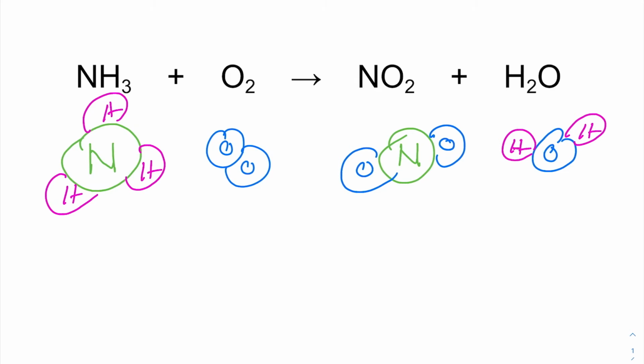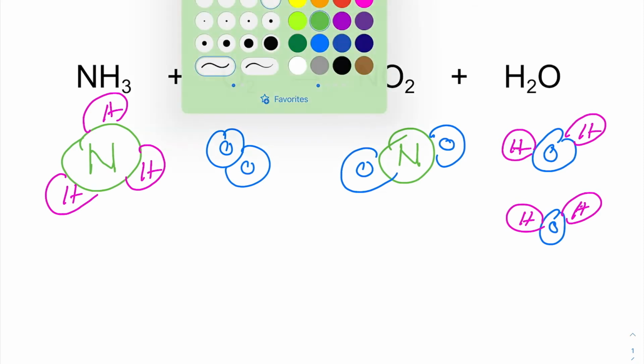So we're going to do oxygen last. So let's fix up our hydrogens. I need more hydrogens on the right hand side, so I'm going to draw another water molecule in to try and increase my hydrogens. So my hydrogen atoms have been increased to 4, which is now more hydrogens on the right than the left. So I need to increase them on the left hand side.